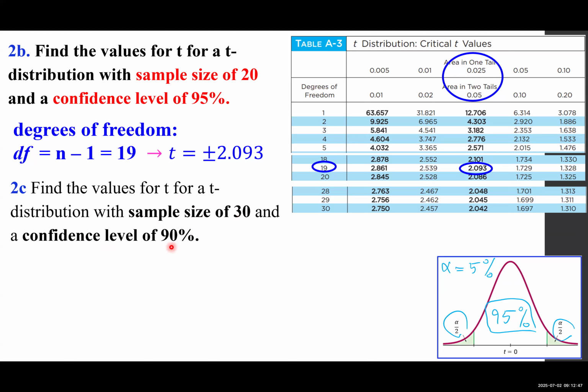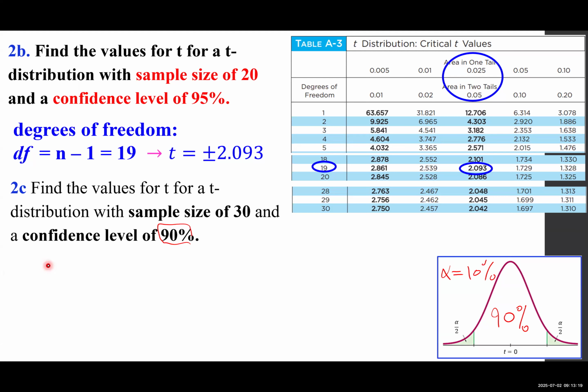But now we have a 90% confidence interval. So this is 90%. The confidence interval right in between is 90%, which means alpha is 1 minus that, 10% or 0.1.